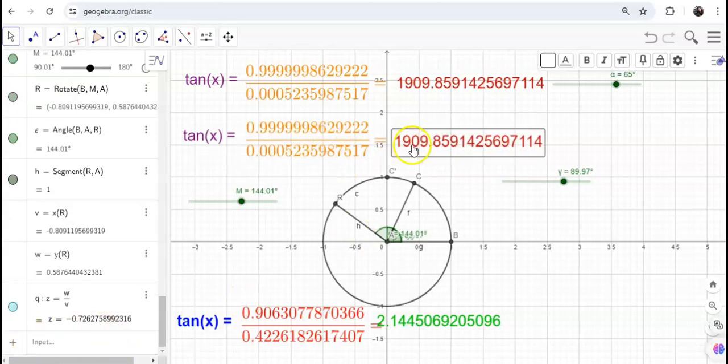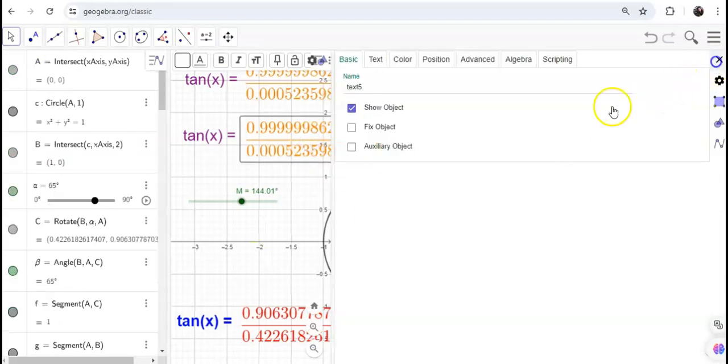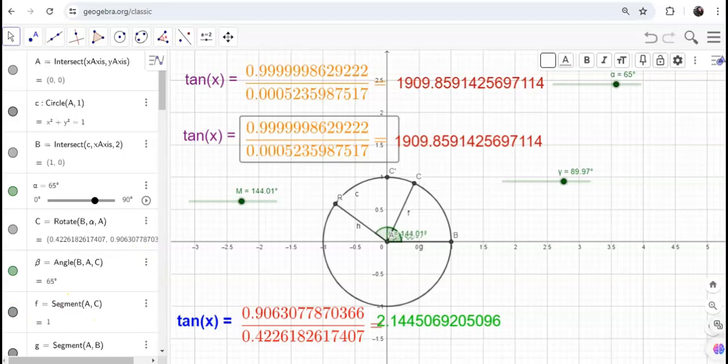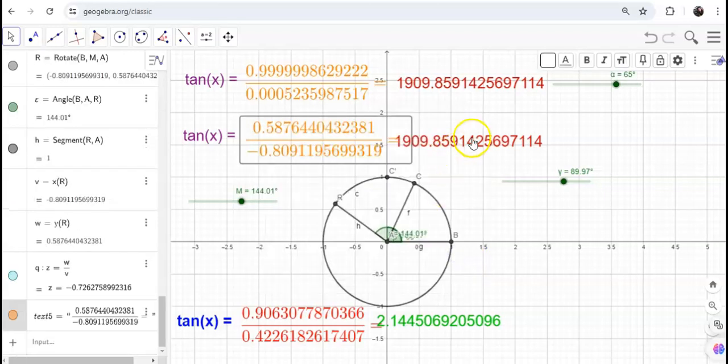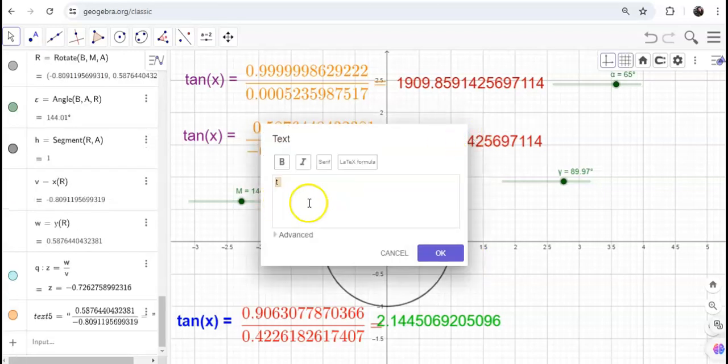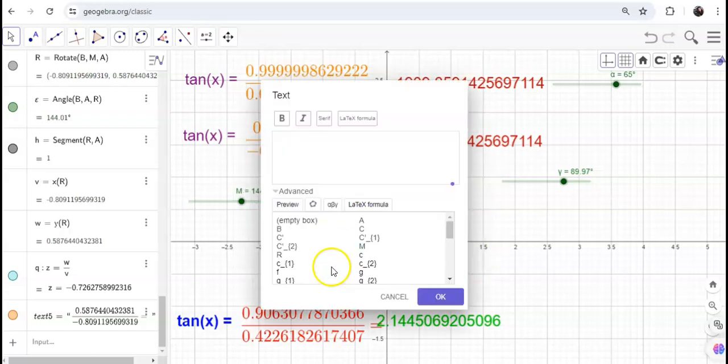Let's edit these two dynamic text boxes here. This one is W and this one is V. And this one is Z.